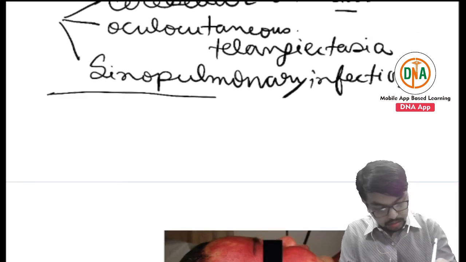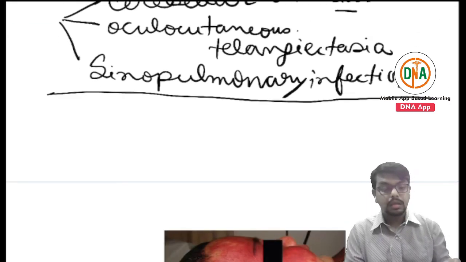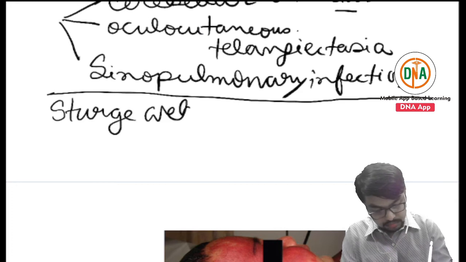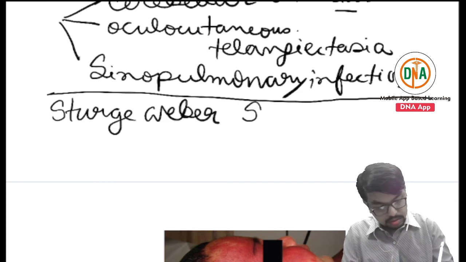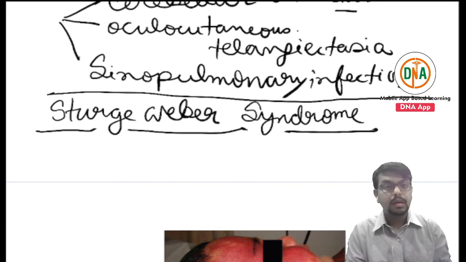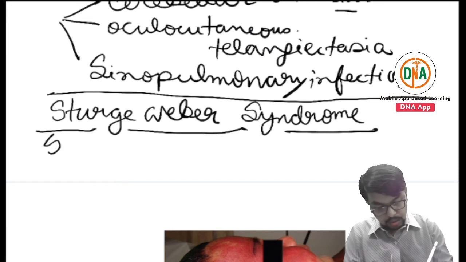Next, Phakomatoses is Sturge-Weber syndrome. Okay, here the inheritance is sporadic.